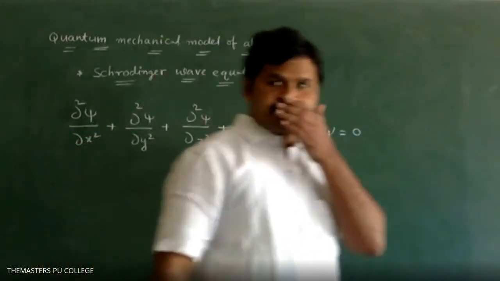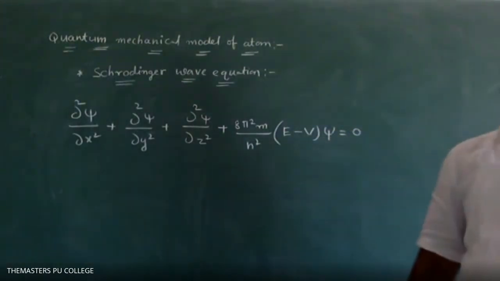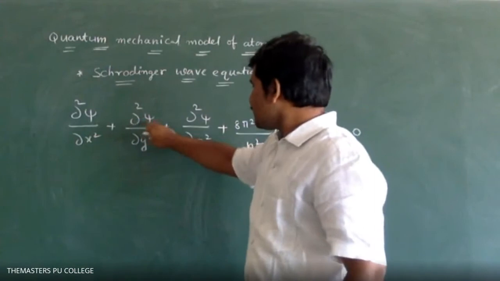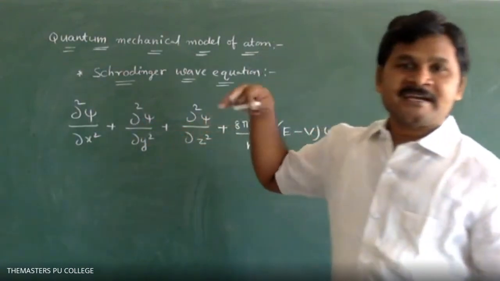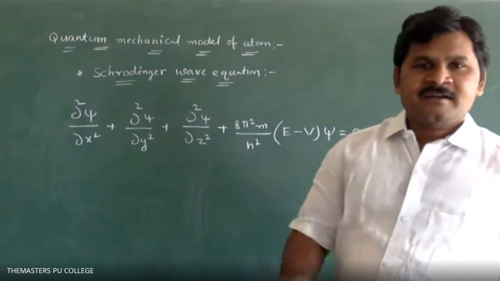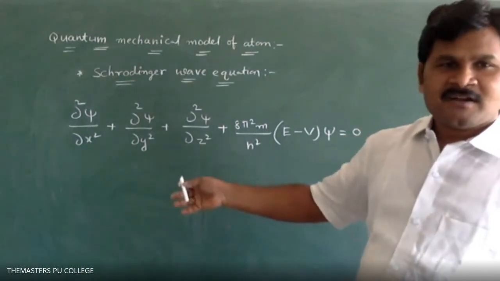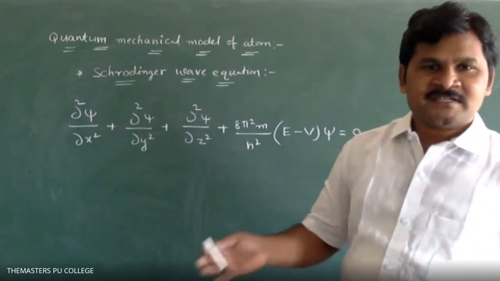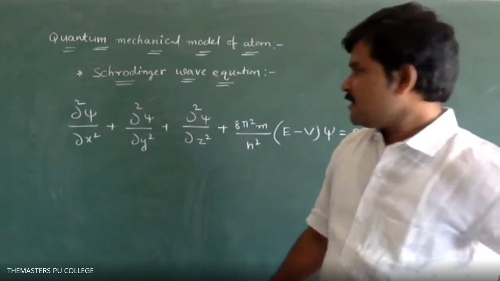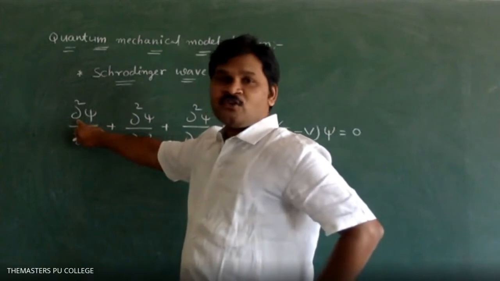Schrodinger wave equation. So what are these terms? These terms we are getting from quantum mechanics. Here, how to pronounce this formula? Now I will say it 1 or 2 times. Please try to remember it, you can remember it easily. This is the symbol dou.